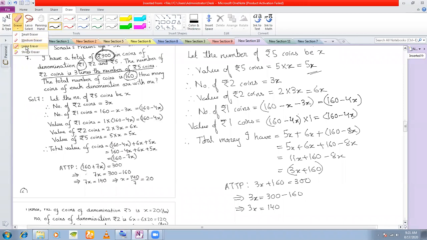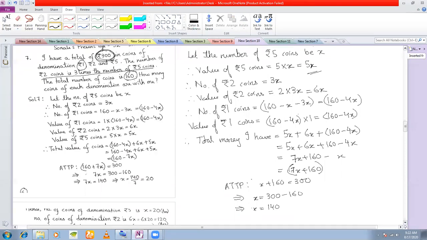So now change accordingly: 5x plus 6x plus 160 minus 4x. 11 minus 4 is 7, so 7x.